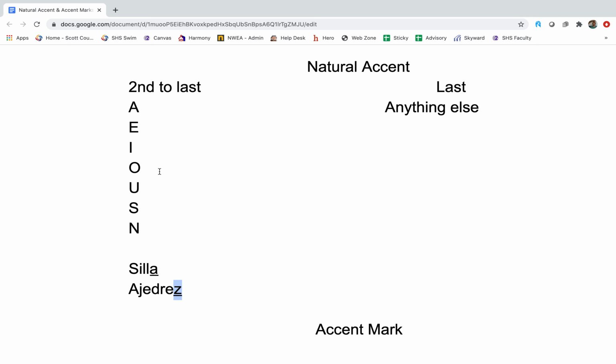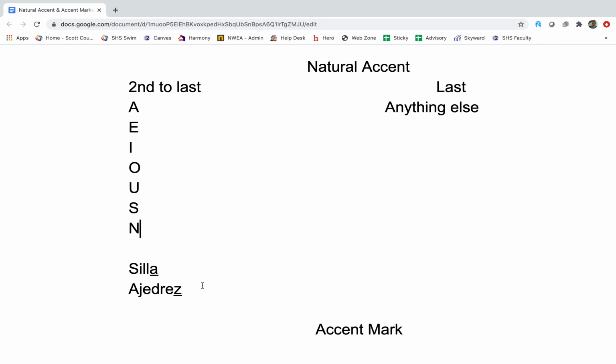Zeta is not a vowel, it's not an S, and it's not an N. So, following our natural accent rules, the natural accent on this word will be on the last syllable. So we have ajedrez, which is chess in Spanish. The natural accent falls on the last syllable because the last letter is none of these. It is not an A, E, O, U, S, or N.